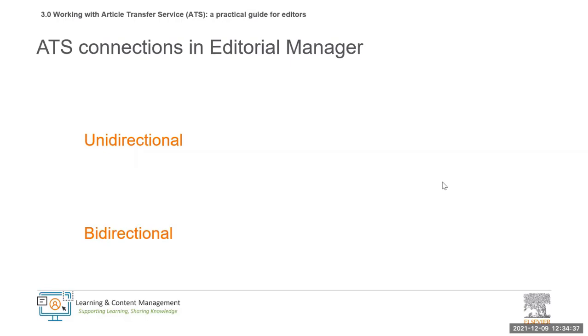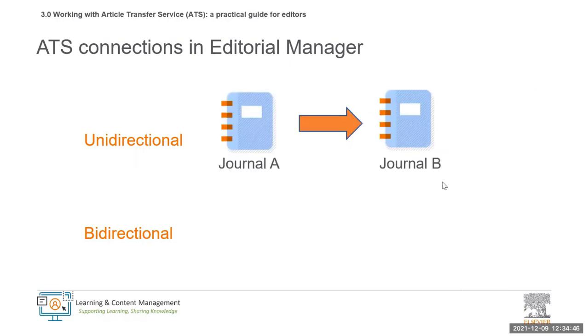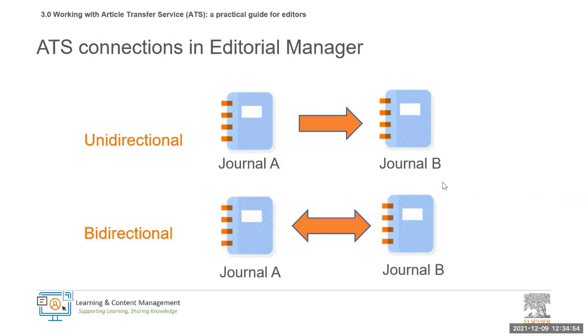Some journals are both feeder and receiver journals. These are bidirectional connections. For example, if journal A is connected to feed journal B only, this is a unidirectional connection. If journal A feeds journal B and journal B feeds journal A as well, the connection is bidirectional. And we apply these terms when there are more than two journals making a connection.